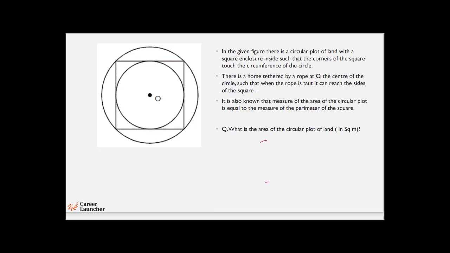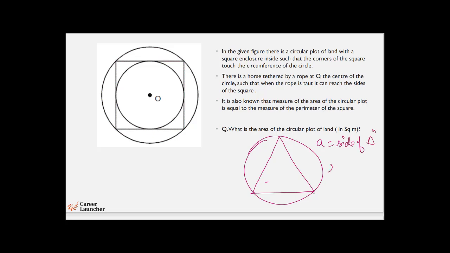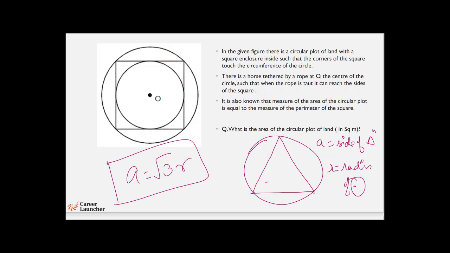And that is, if we have a circle and an equilateral triangle inside it, A is the side of triangle and R is the radius of circle, then A is always equal to root 3 times the radius. So again, this is the standard result that you can use without deriving it. You can just go ahead and use this.